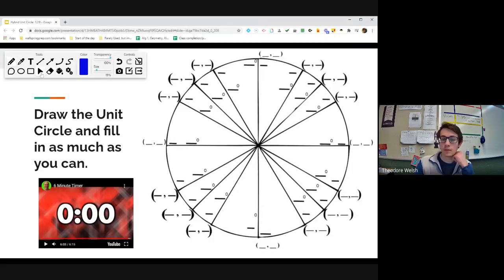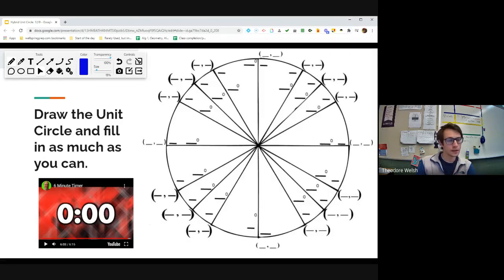So as we focus this unit, you may not see a lot of real world application or the value of the unit circle, but we have to start somewhere. We have to start with defining it and developing this system so that we have it, and then we can apply it as we continue into our next units in the next semester. So it may not seem very valuable as we're going through, especially with this unit, but trust me, it is very important.